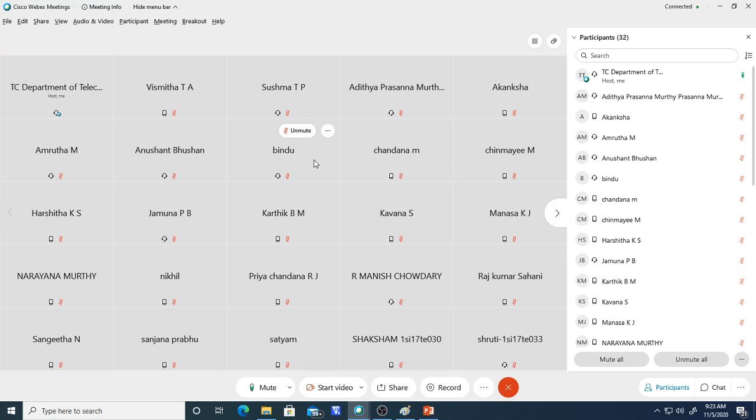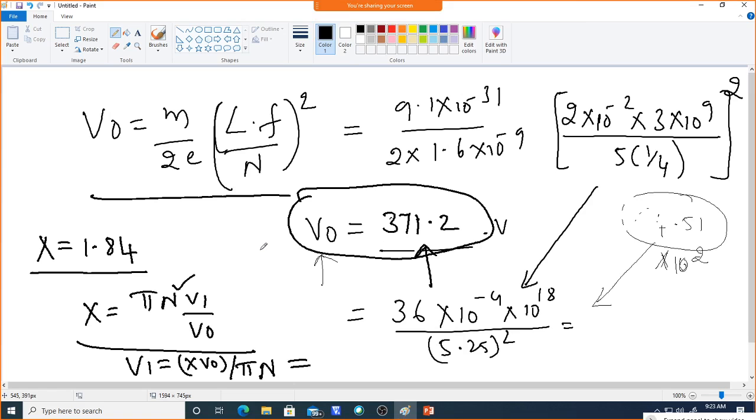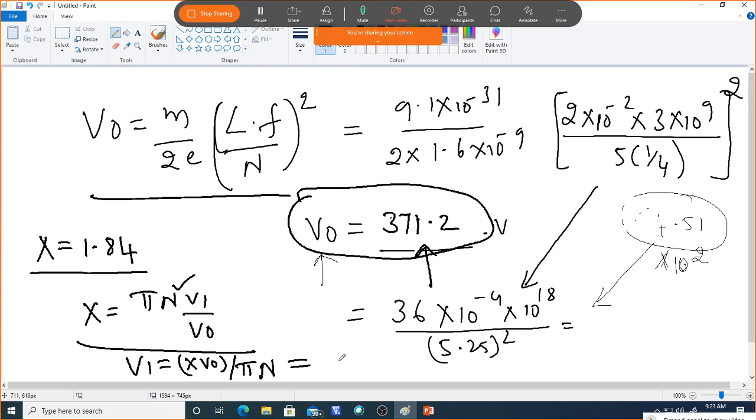Chandana, are you calculating? Yes, sir. What is the value of V1? Sir, I'm calculating. Now tell me the value of V1. Which comes around 41.4 volts. Check it. So this is the value of V1.